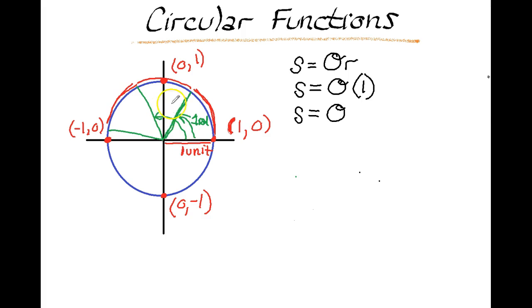This is 2 radians, because our radius is 1, 2 units for our arc length. This angle inside here, 3 radians. What would our arc length be? 1, 2, 3 units for our arc length. So you can see that if your radian is 3, your arc length is also 3. And that works on a unit circle only.